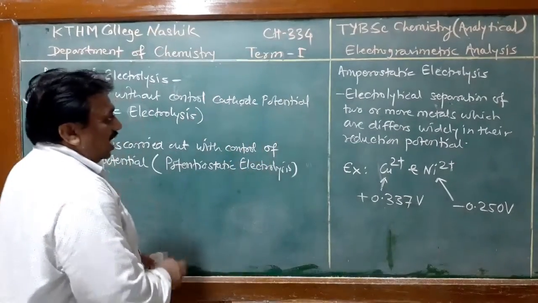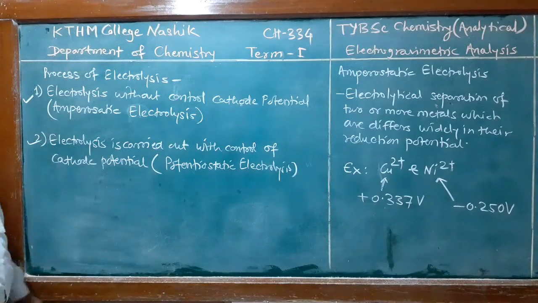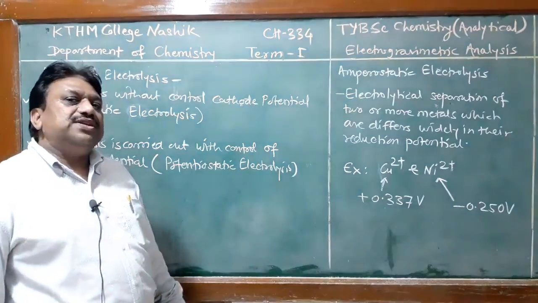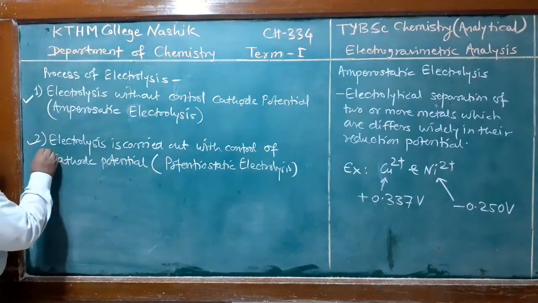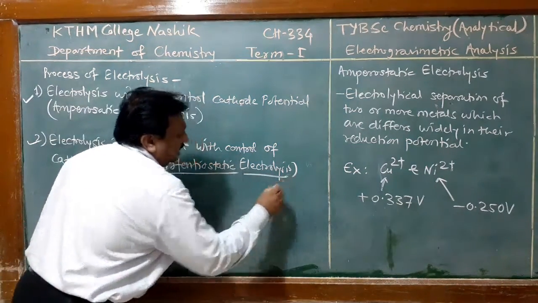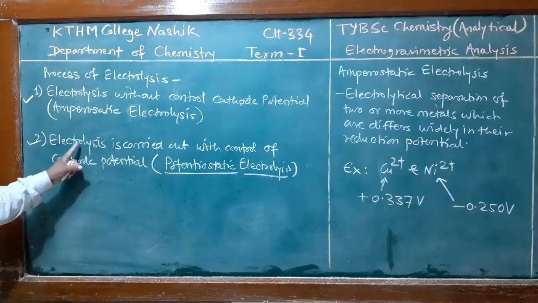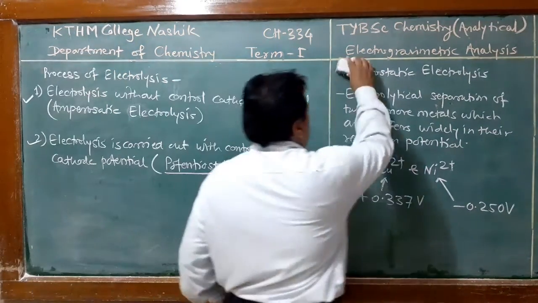Therefore, amperostatic electrolysis is useful for separation of two or more metals which differ widely in their reduction potential. Students, the second type of electrolysis is potentiostatic electrolysis, that is, electrolysis with control of cathode potential.